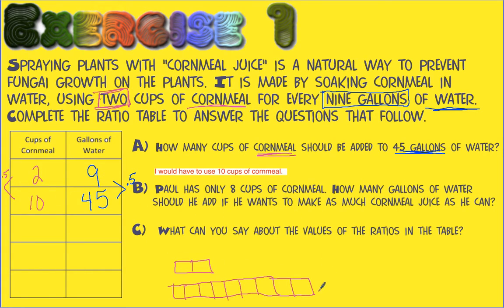Well, now I needed all of this to be worth 45, so everything became worth 5. So I multiplied by 5, or divided by 5 as the case may be, to figure out what they were each worth. So these had to be worth 5, so I knew I had to use 10.